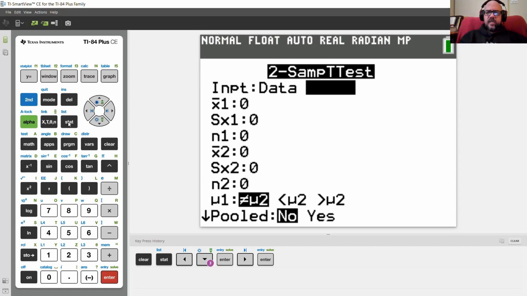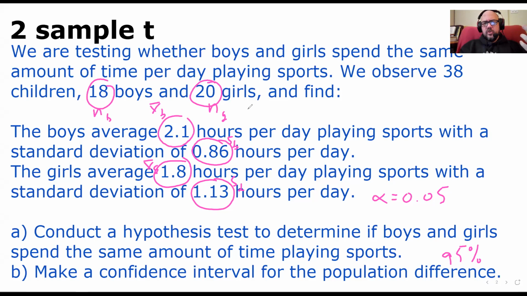So 2 sample t-test, that's what we're trying to do here. I need to decide whether we're going to make boys or girls 1 or 2, and it doesn't matter which decision we make, we just have to choose one. I'm just going to let boys be 1 and girls be 2, since that's the order I presented them in. So we've got N1, X bar 1, and S1.